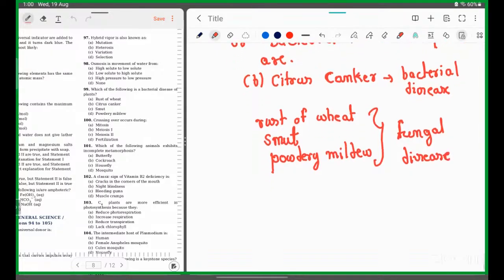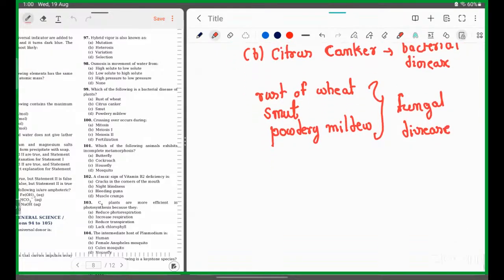Okay. Coming to question number 100. Crossing over occurs during. It is a heredity and evolution chapter question, in which it is given crossing over occurs during.